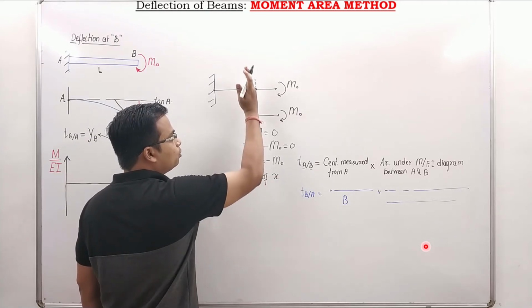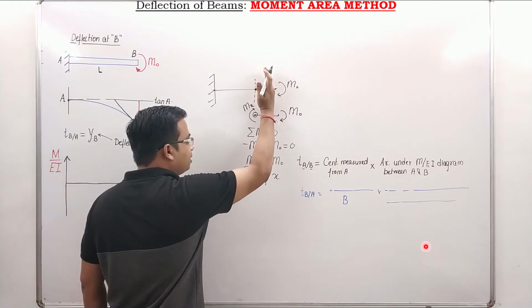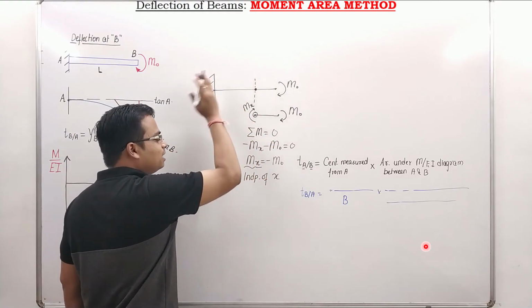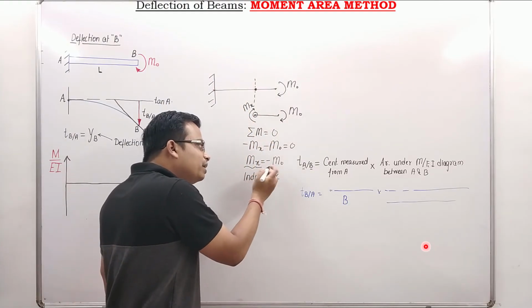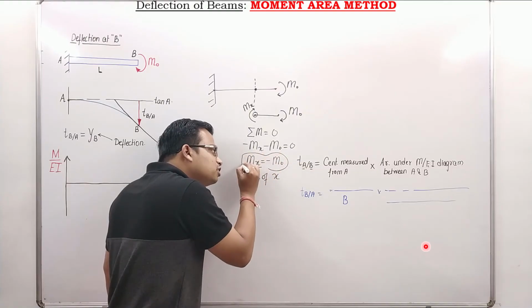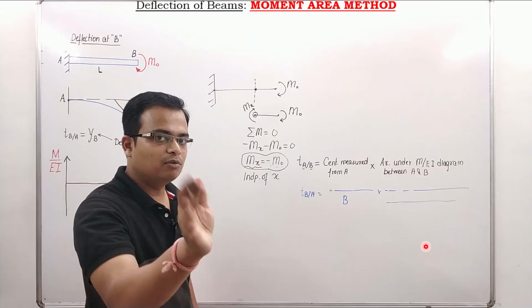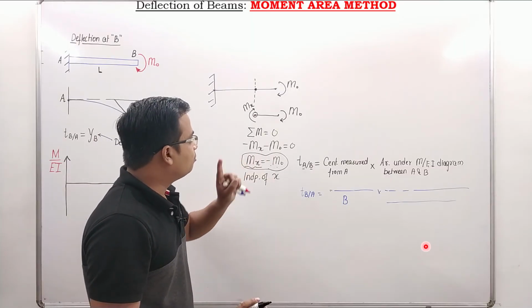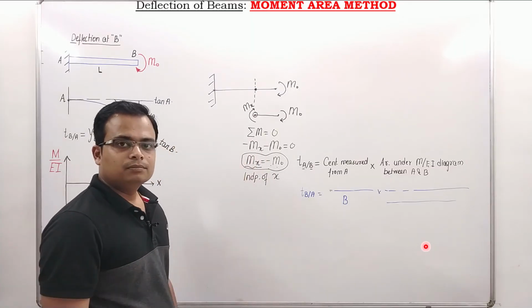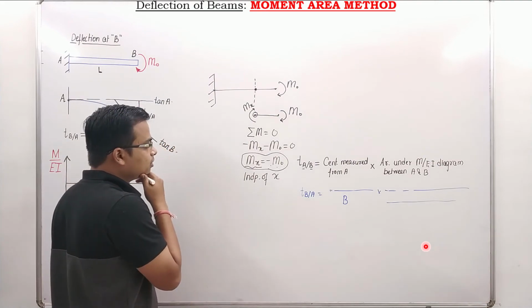No matter where you take the section, it might be here, here, here. Wherever you take the section, how much bending moment will you get? The bending moment would always be equal to minus m0. That is the proof through the method of sections.